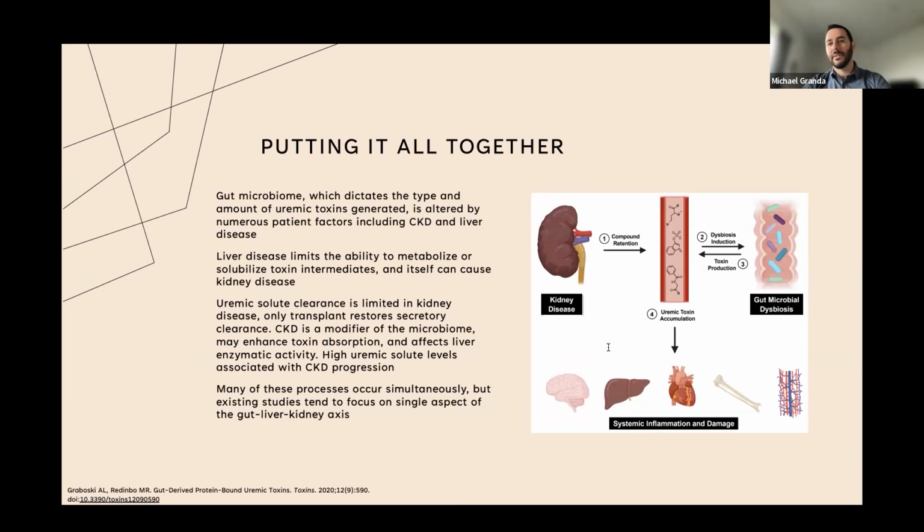Uremic solute clearance is limited in kidney disease. Only transplant restores secretory clearance, as dialysis only recapitulates filtration. We know that CKD is a modifier of the microbiome and may enhance toxin absorption and affects liver enzymatic activity. So it has a lot of wide-ranging downstream effects.